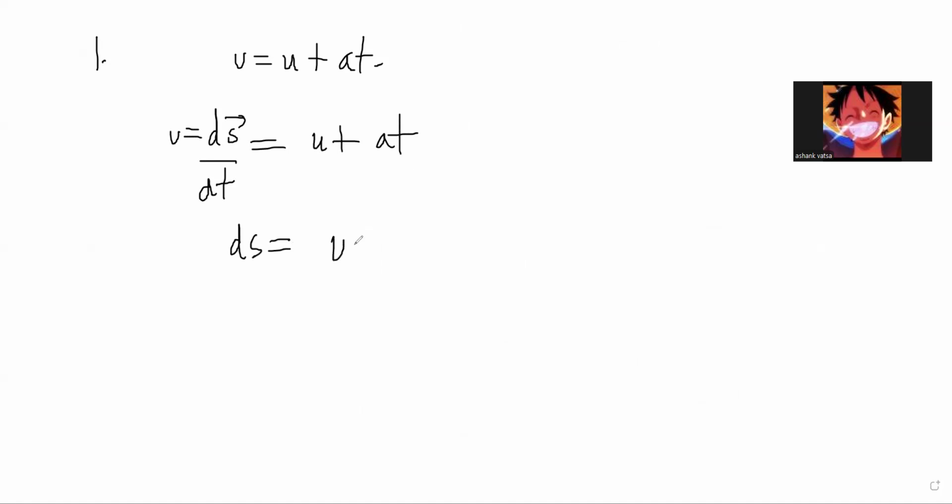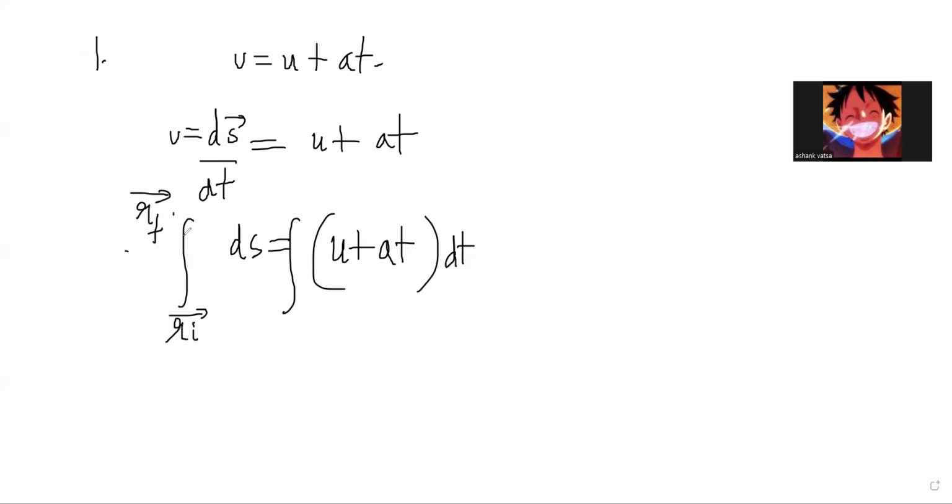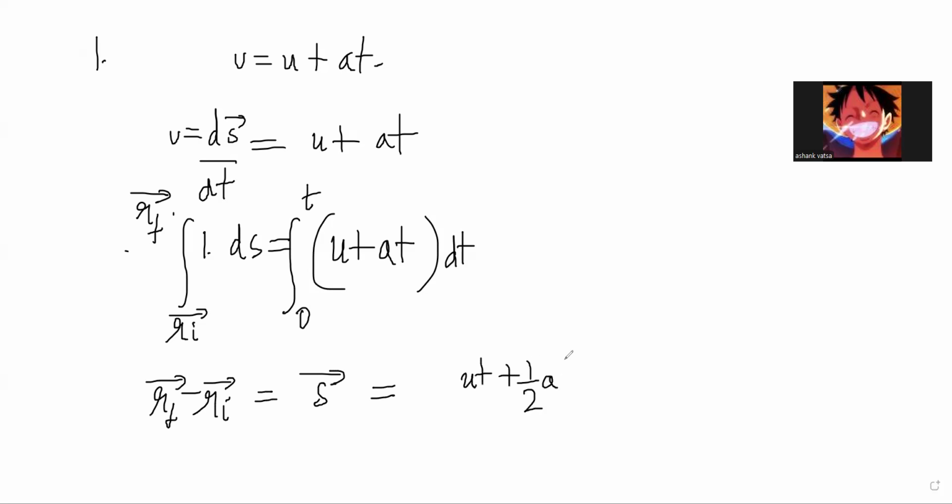Yes, sir. Take the dt on the other side and do the integral again. The integration of displacement means starting from initial position, which is initial displacement vector, to the final position. That is going to be your total integral here, right? Then this is also starting from 0 to time t. You will get on this side Rf minus Ri, which is basically your total displacement vector, is equal to, on the right hand side, ut plus half a t square, evaluated from 0 to t.